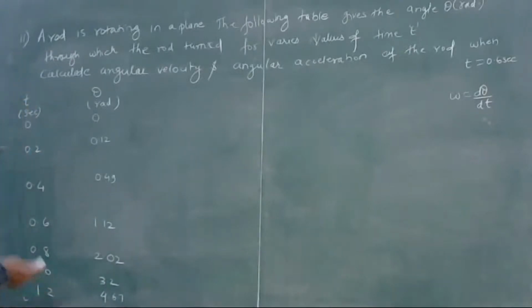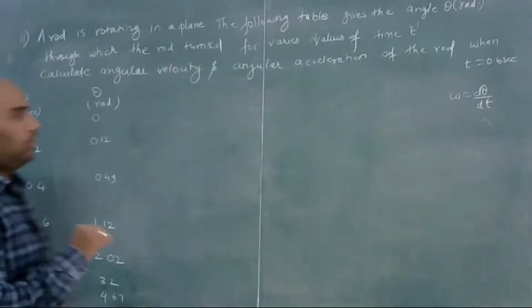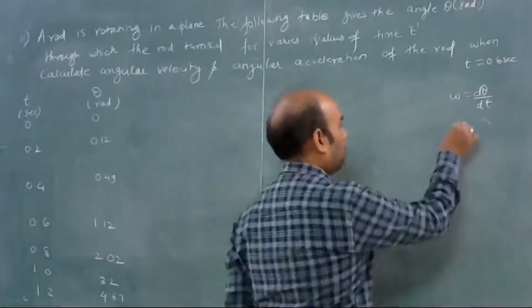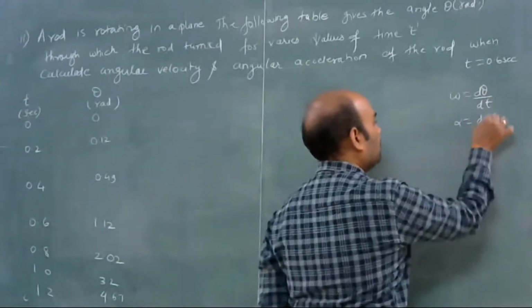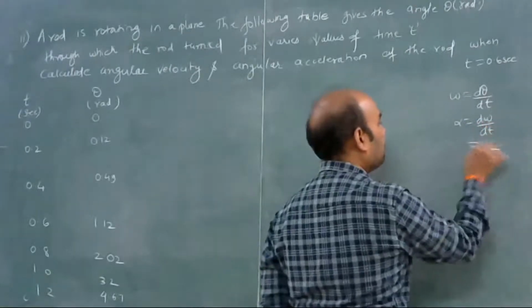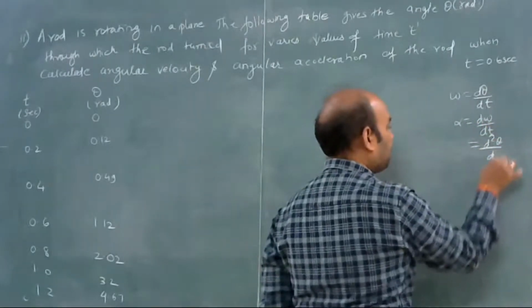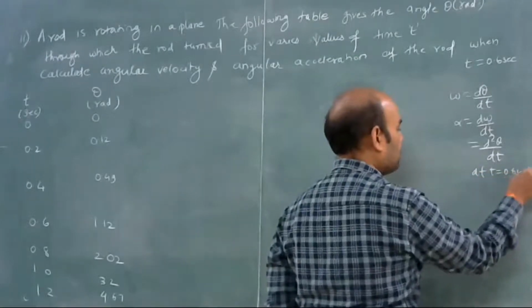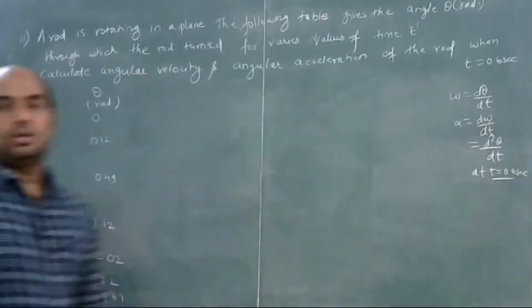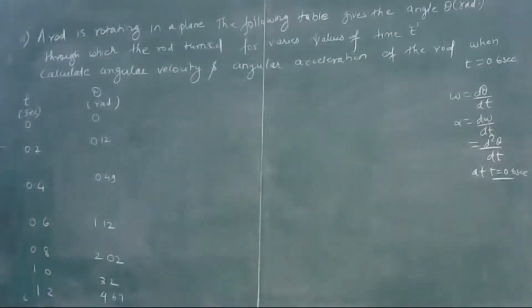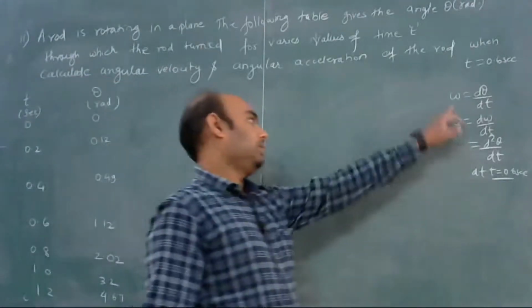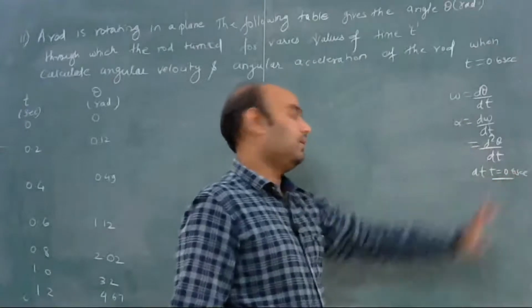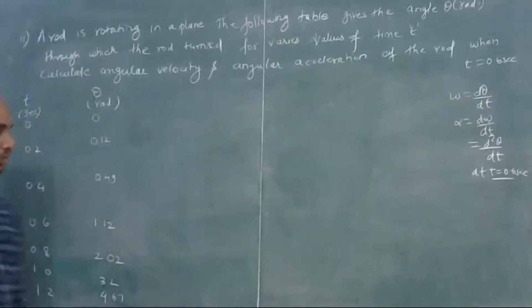Okay. So here we have to find the value of angular velocity omega and angular acceleration alpha is equal to d omega by dt, that is d square theta by dt square, at t is equal to 0.6. So it is given in the question. You have to find the value of omega and alpha at t is equal to 0.6 seconds.